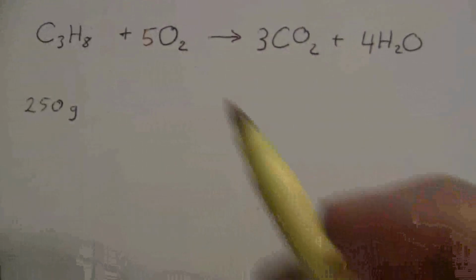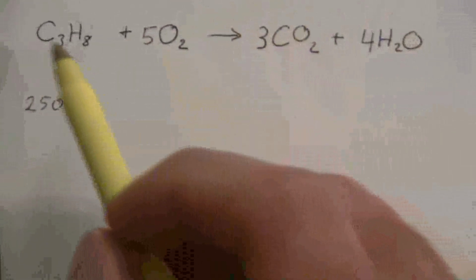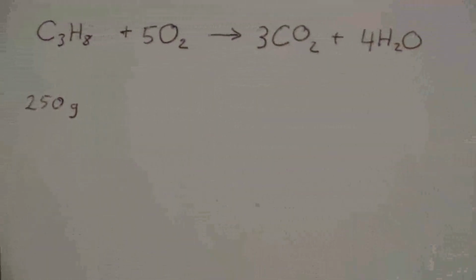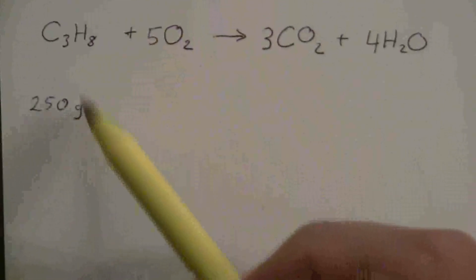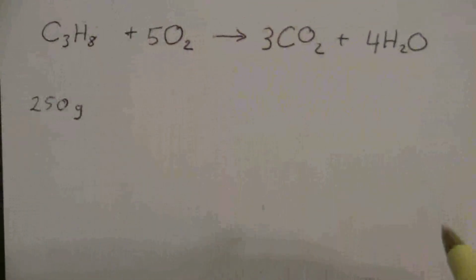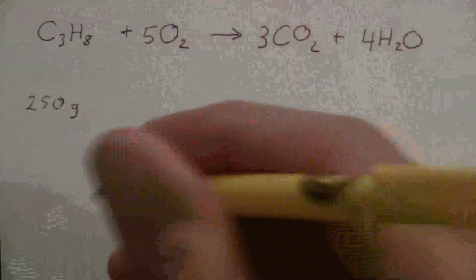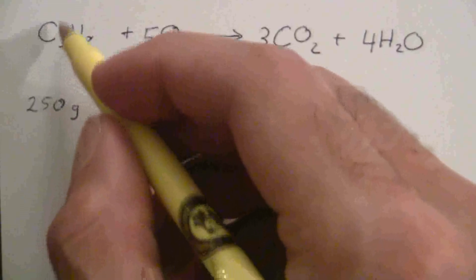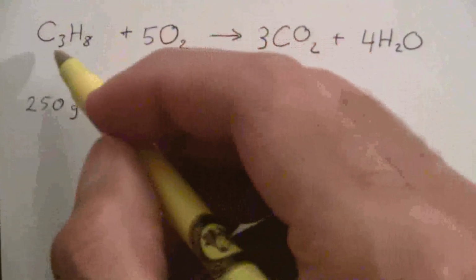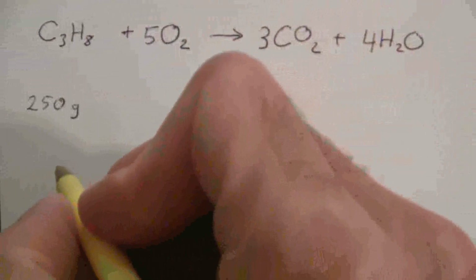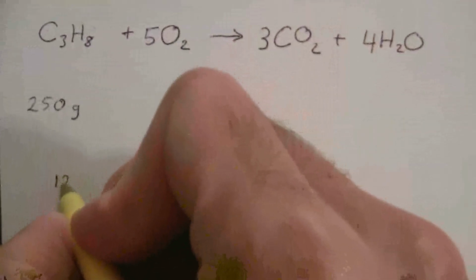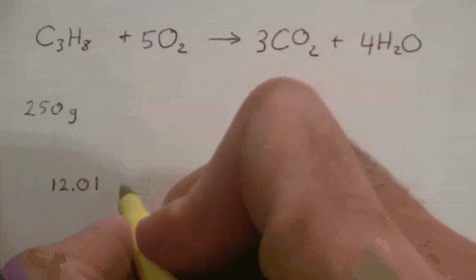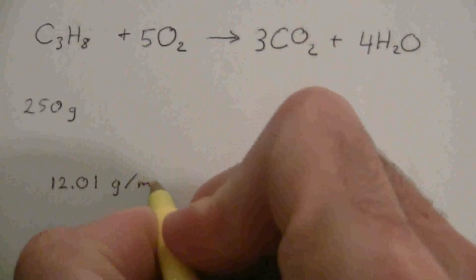Now how do I do that? Well, I need to find the molar mass of the substance that I'm interested in. In this case, it's of the propane. So that involves looking up the atomic masses, or the molar mass of these elements. And so for carbon, I'll just write it down here, 12.01 grams per mole.